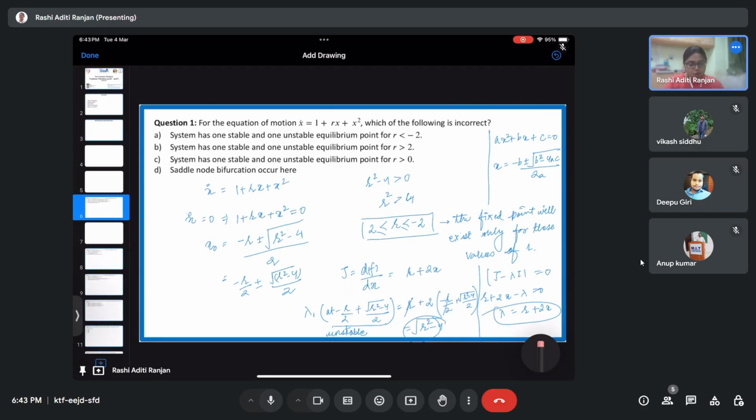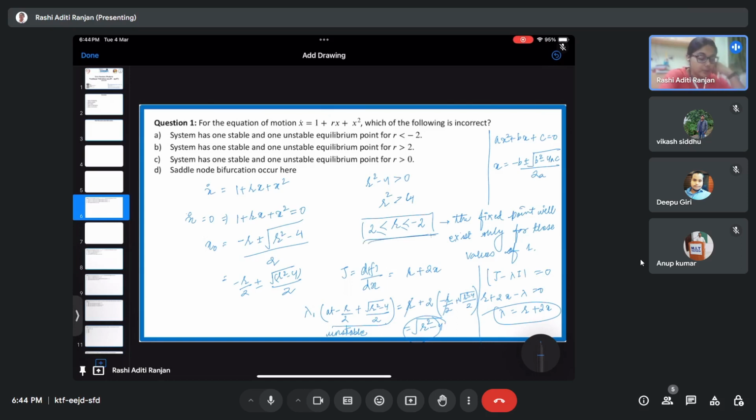So we'll see the options now. System has one stable and one unstable equilibrium point for r less than -2. We have to see which one is incorrect. System has one stable and one unstable equilibrium point for r less than -2, right? This is the correct point. We already did it here.